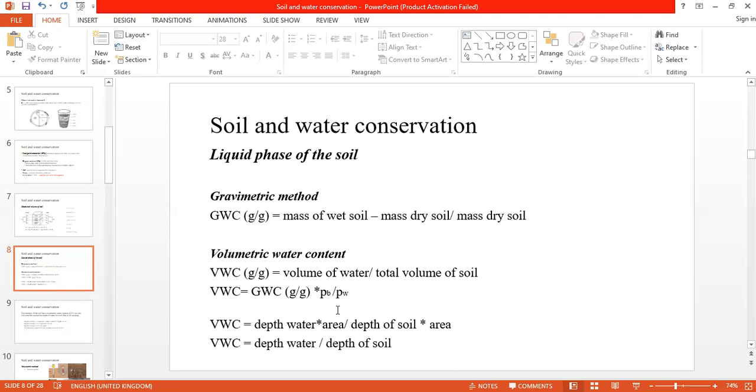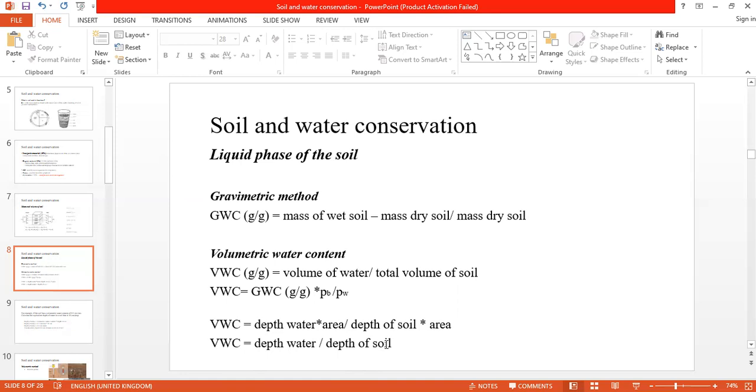But it's the same thing: volume of water over total volume of soil. The volume is the depth of water times the area. Even for soil, it will be depth of soil multiplied by the area. Since the area is the same, we can cancel the area and the volumetric moisture content will still remain depth of water over depth of soil.